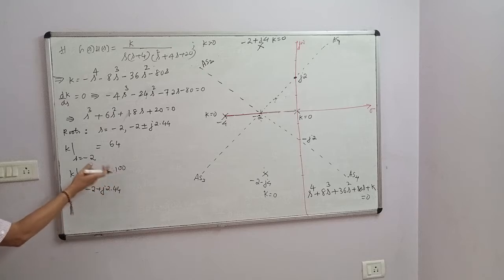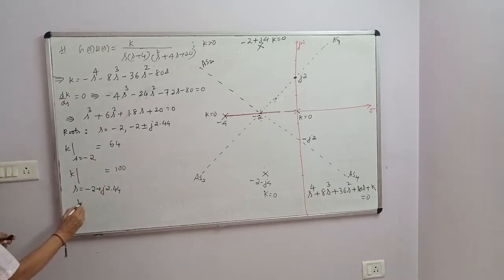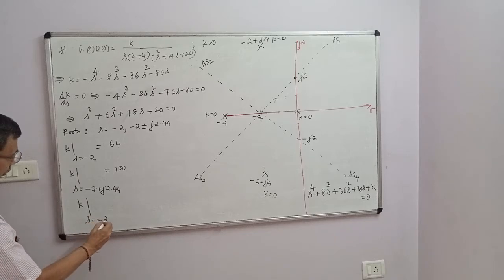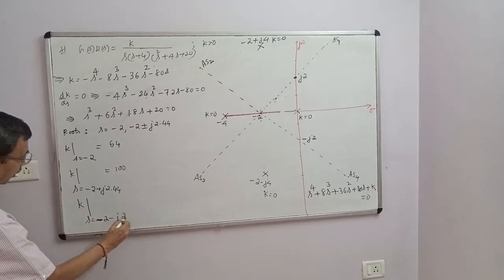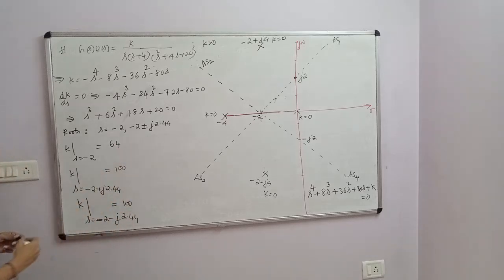See, k is real. Therefore, complex breakaway points will exist. The value of k at s is equal to minus 2 minus j 2.44 also is 100. So what is important over here is that at all the roots you get k values which are real and positive. Hence there are three breakaway points.